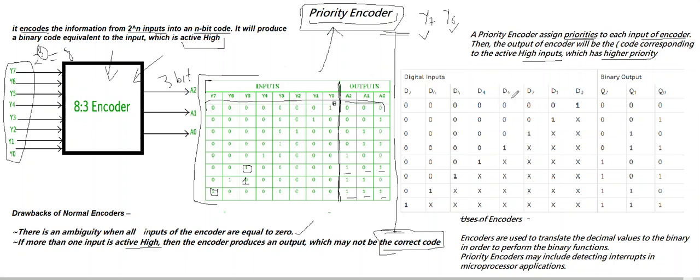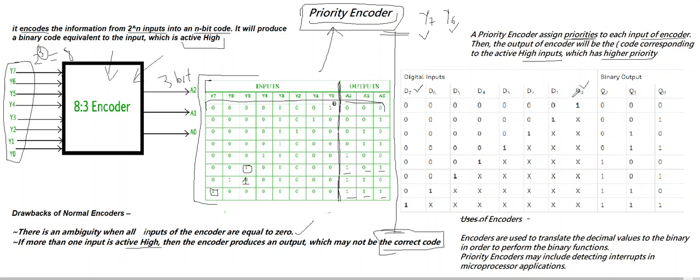Let's take a similar 8 to 3 encoder, where D7 has the highest priority and D0 has the lowest priority. Take any case.